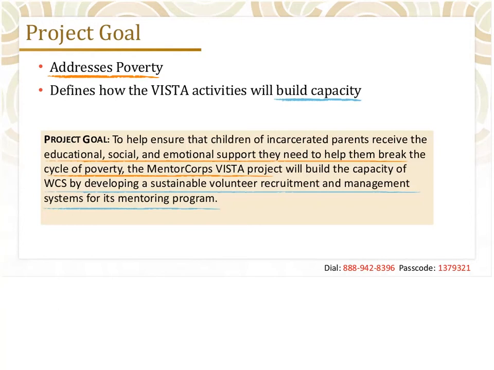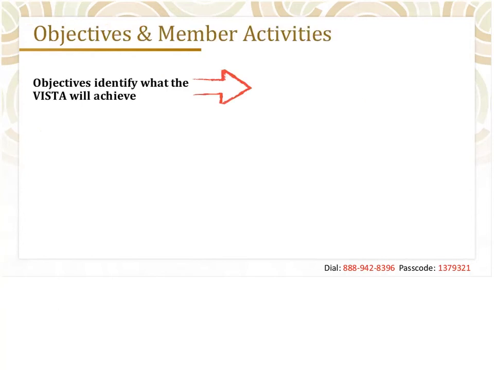I'm going to move forward to the next slide. We're talking about then the objectives and the member activities. The objectives identify what the VISTAs will actually be achieving. Each VAD should include more than one objective and include completion dates for each one.